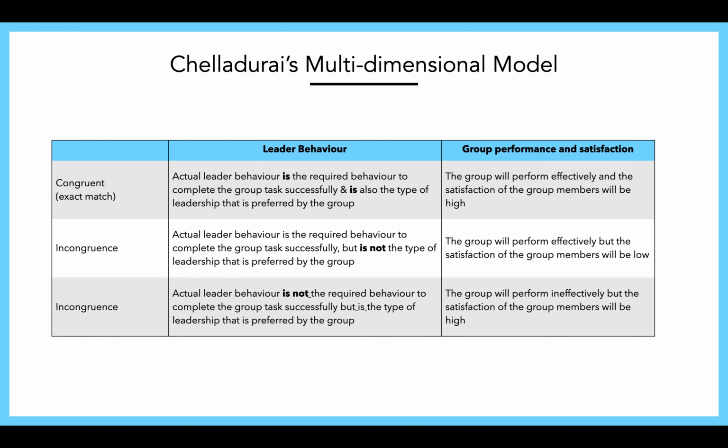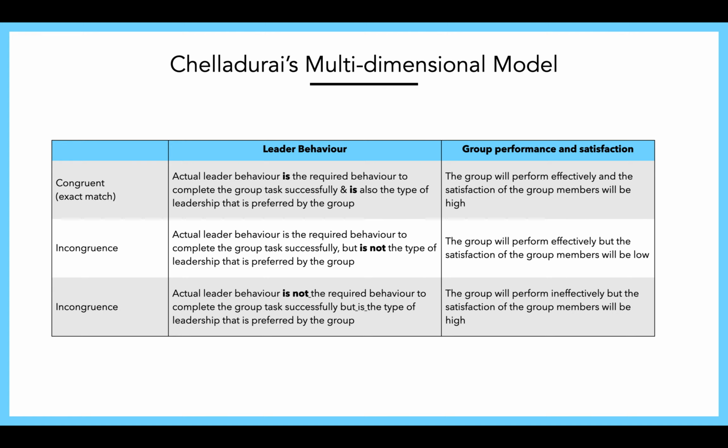So with that first row in the table, we've got congruent, an exact match. They coincide exactly. So the actual leader behaviour is the required behaviour to complete the task, and it's also the type of leadership preferred by the group. Then you're getting high performance, effective performance, and high satisfaction. They think they've done well and they feel good about it.